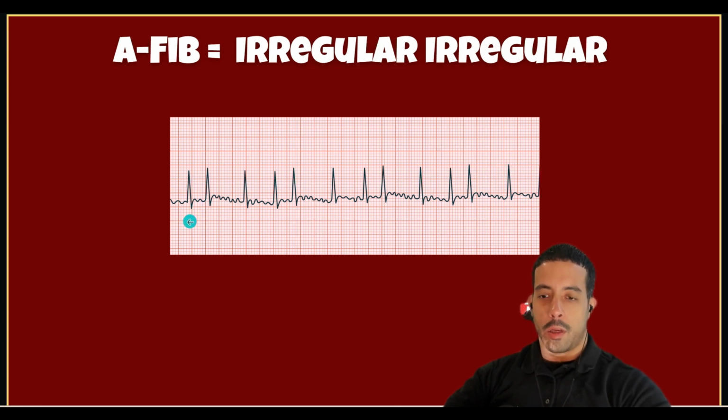Now, what is happening here? The atria is fibrillating. It's quivering. It's shaking. And then the blood has the tendency to pool. And when the blood pools, the clotting factors come into place and the blood can clot. And that's why people that have AFib are more prone to having a stroke or a heart attack, because in atrial fibrillation there is pooling of the blood within their atria.